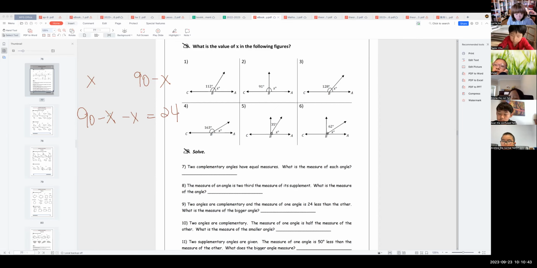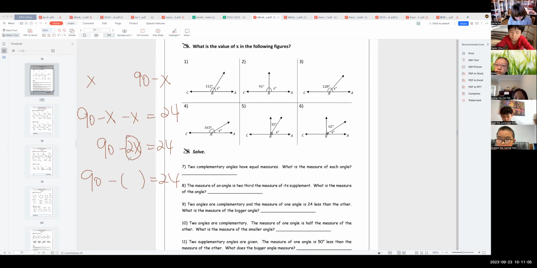Okay, so 90 minus 2x equals 24. So who can tell me 2x equals what? 90 minus a number equals 24. So this number equals what? 66.